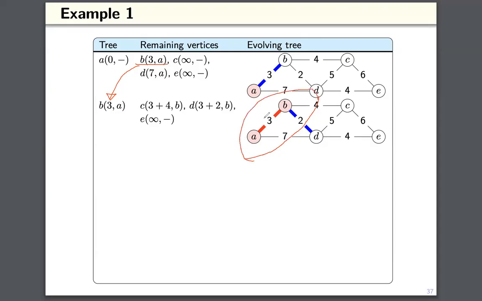Yes. C is immediately reachable from B, and B is reachable from A at a distance of 3.